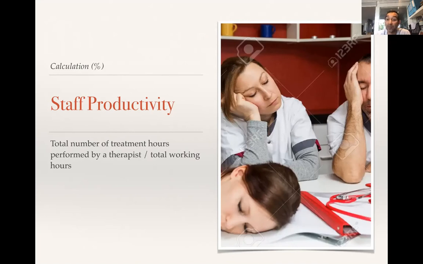All right. The way that we calculate this, the total number of treatment hours that were performed by a service provider or a therapist, and we divide that by the total working hours in that day. As a day being an example, could be day, week, month. So in this case, if I had worked 8 hours today, and within that 8 hours, I performed 4 hours of treatments, my productivity would be 50%, right?